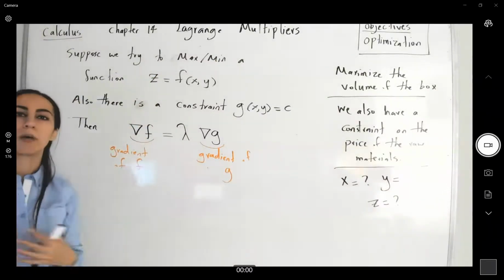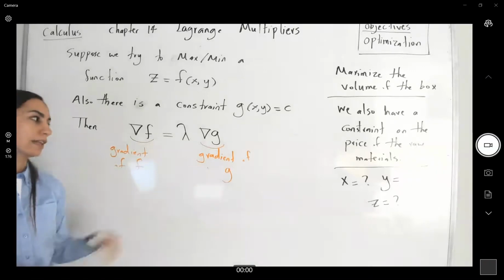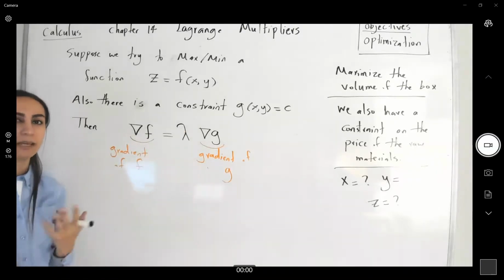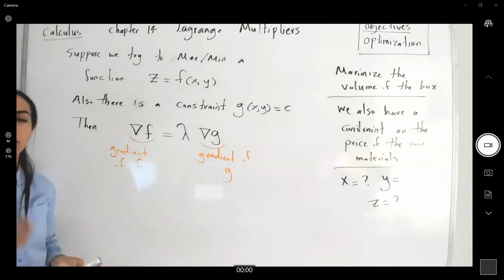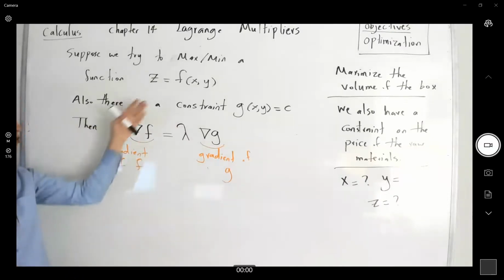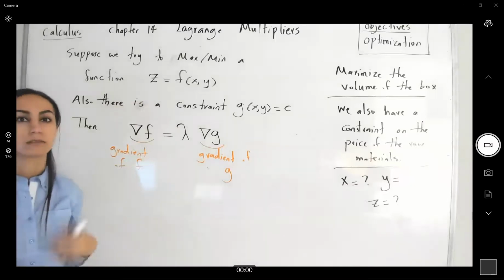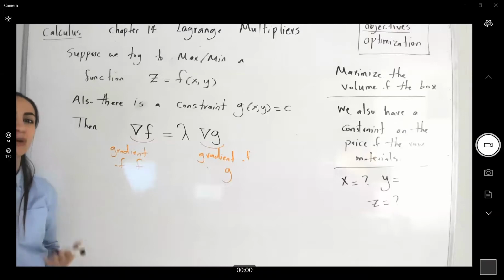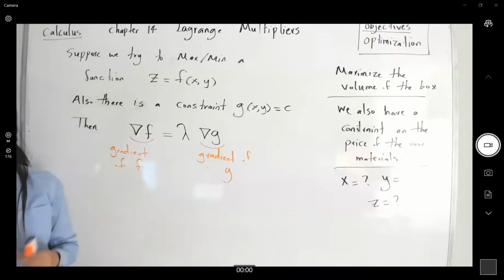Lambda is just a number, a constant, and using that equation, you're able to solve for x, y, and if your function has z as well in 3 variables, you're able to use them to find those values.